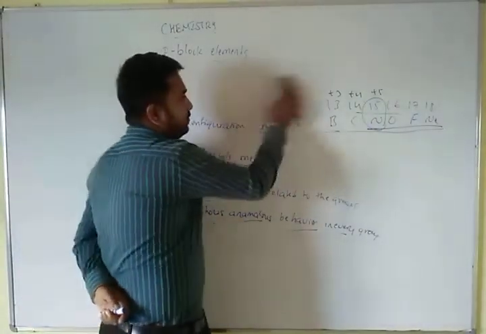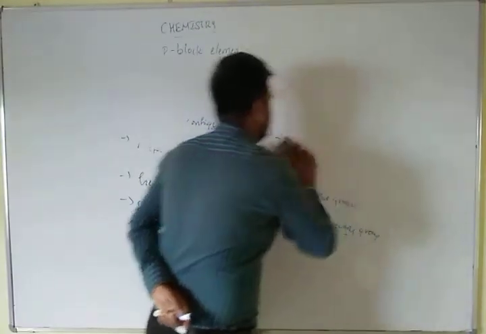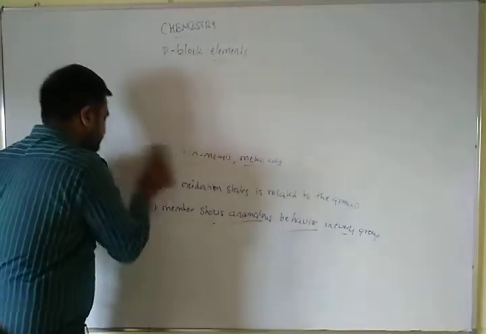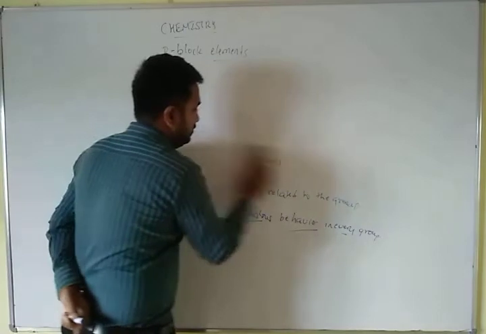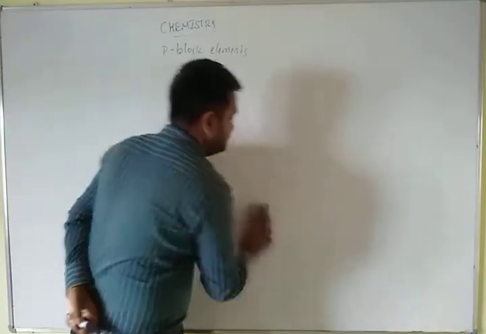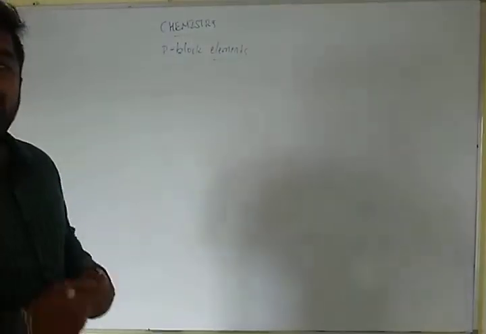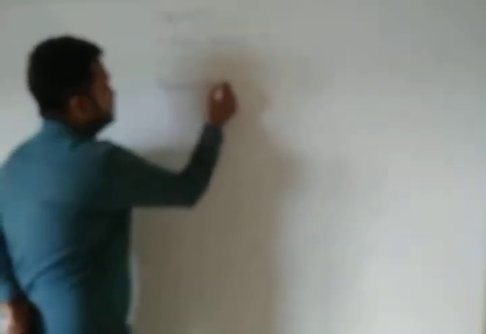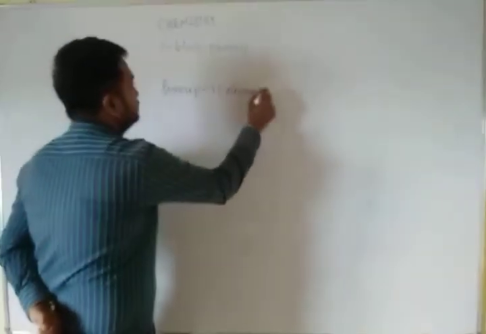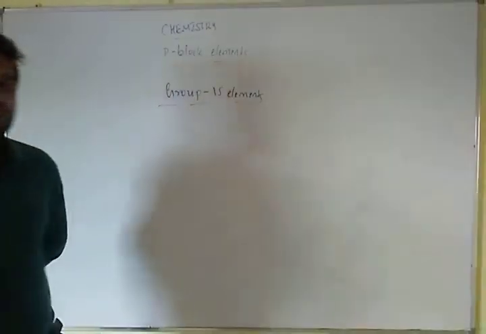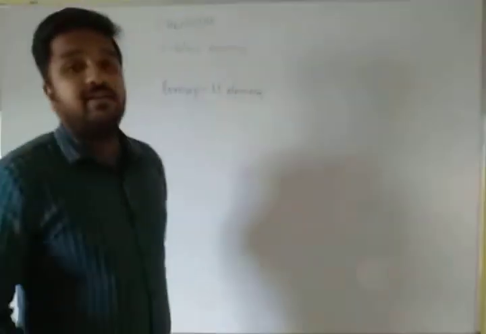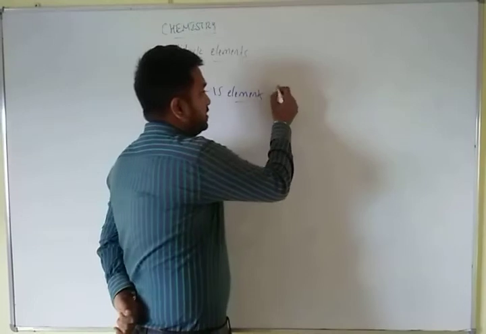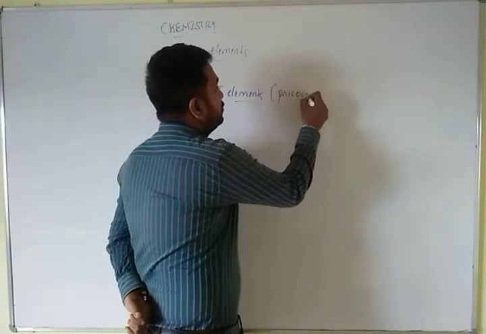And now let us focus on group 15 elements. Group 15 elements are known as the nitrogen family, or also known as pnictogens.